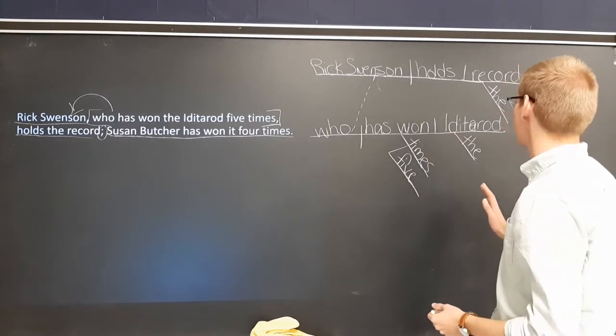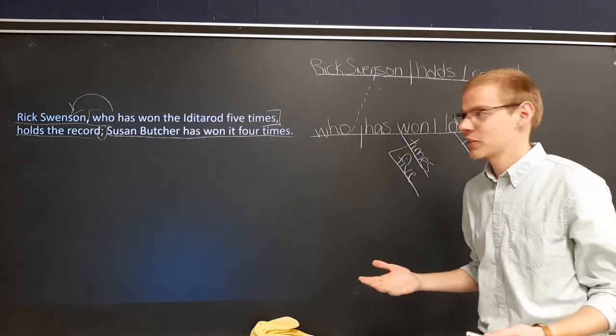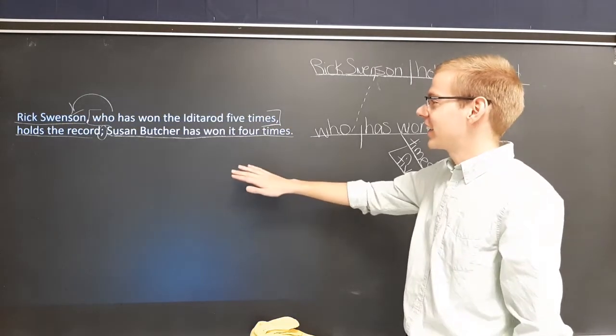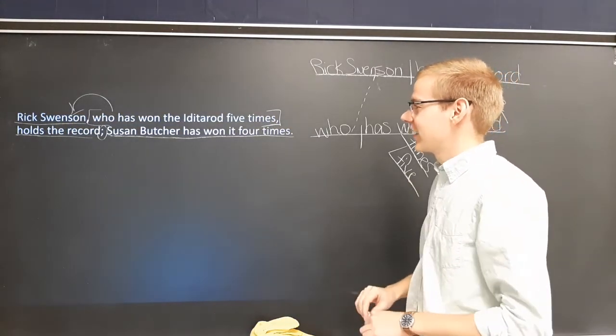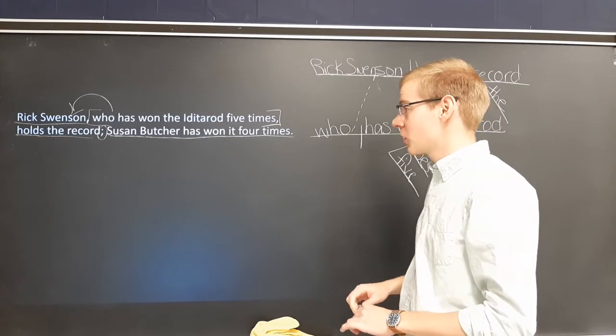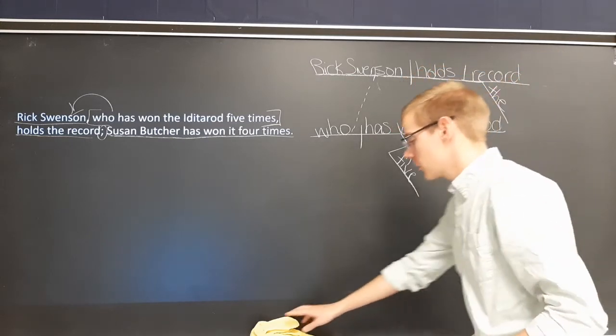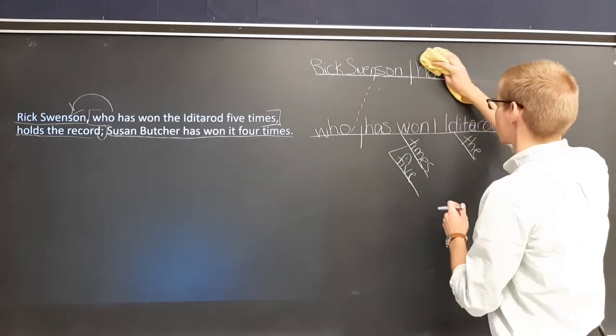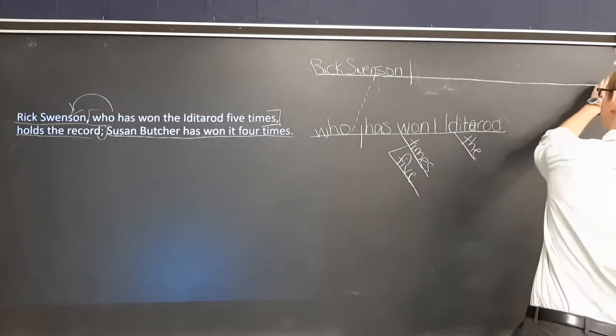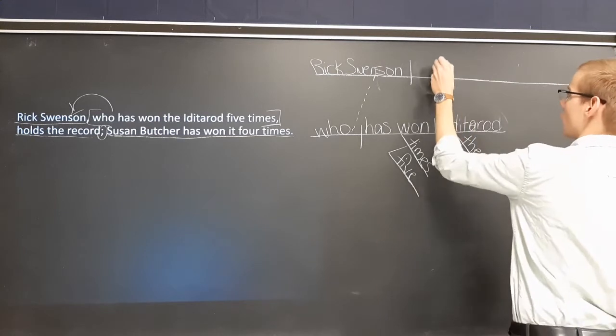Okay, how are we going to do this? We're going to have to mess around here just a bit. And then Susan Butcher has won it 4 times. Now let me just move things over so we can actually do this. Holds.